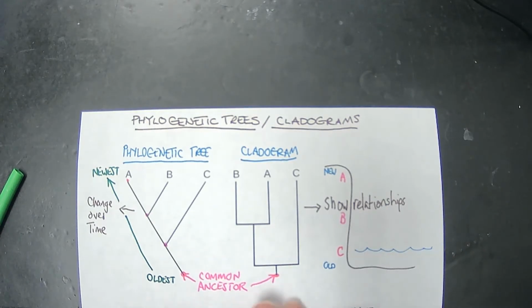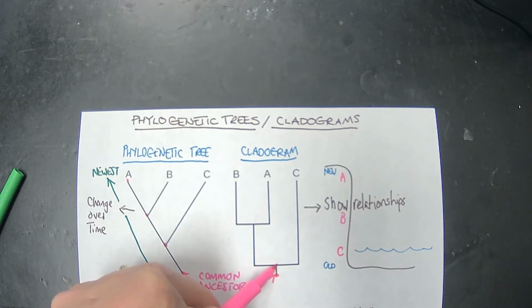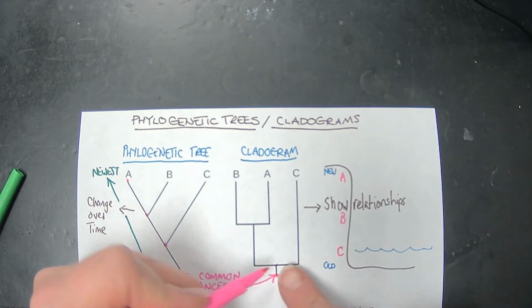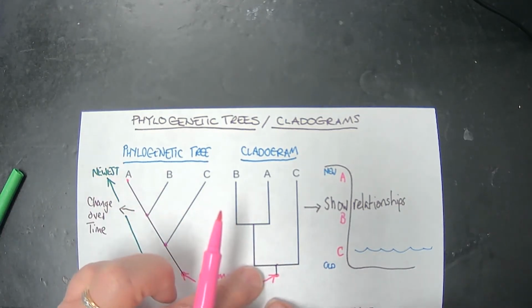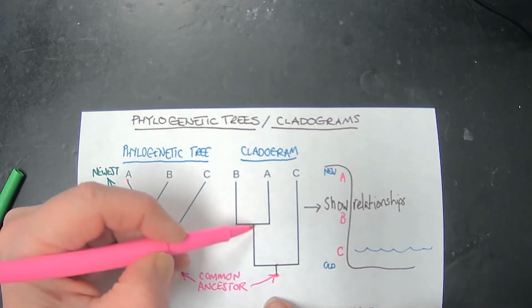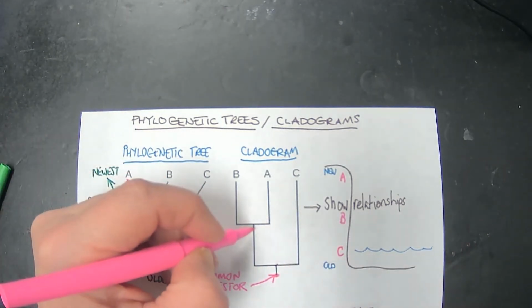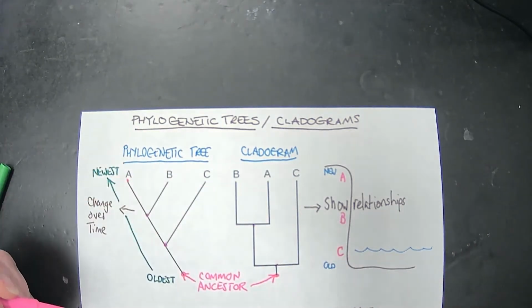Now, if I took another example, and these were like I said, like DNA. You start off at this point with the common ancestor, and the first thing to branch off was C. So C came first, and then you come along here to A, and A and B branched off of a common ancestor. So there'd be another common ancestor just for these two.